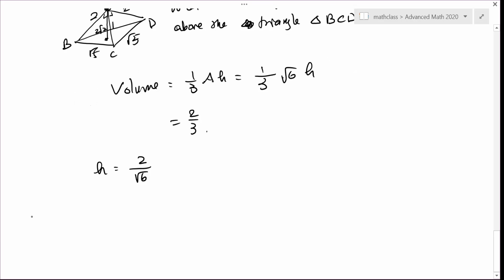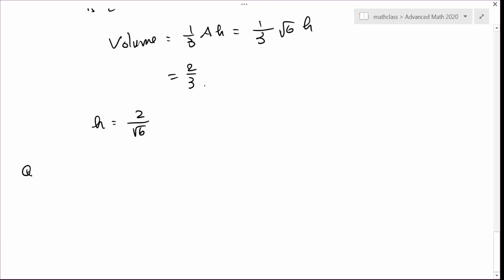Okay, our next problem is, look at the cylinder. Okay, the circular cylinder. The radius is going to be 2. Here the height is going to be 4.